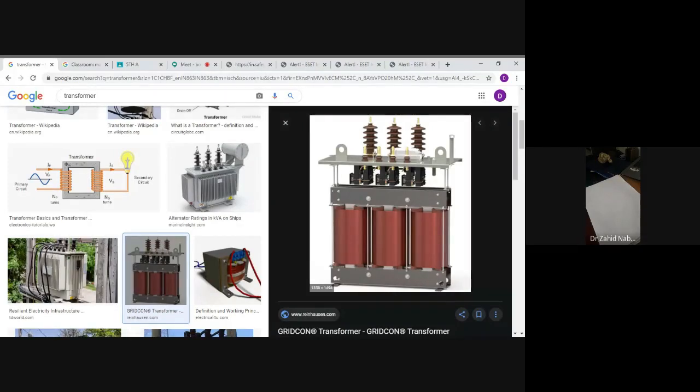So the total window width would be equal to 2 times W plus 4A.